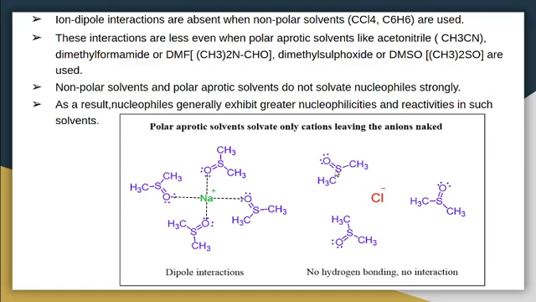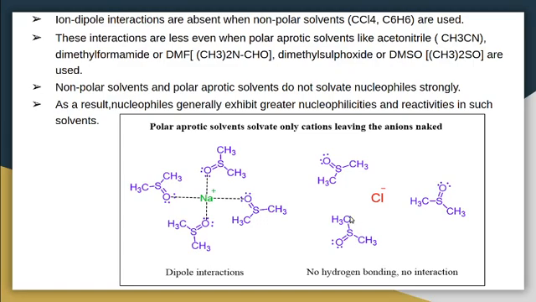This polar aprotic solvent will not form a sheath around the nucleophile, because the nucleophile is negatively charged and this sulfur is also positively polarized, so it cannot form an ion dipole interaction. Here the counter ion Na plus has a positive charge, so it can form an ion dipole interaction with the oxygen atom.